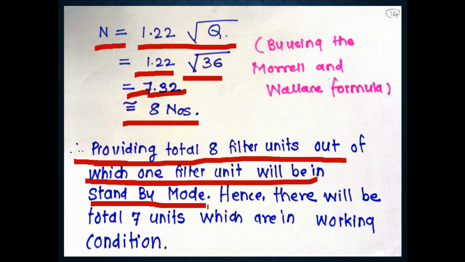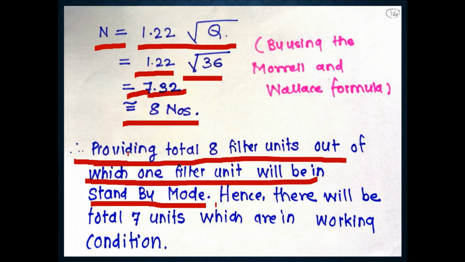All the flow you should be able to manage at your plant itself, because if repair and maintenance of one filter unit is there, that is if it is out of service, then the additional unit which you have provided as a standby is put into operation without disturbing the efficiency of the filtration. This is the importance of providing the standby filter unit. Always remember, one standby filter unit is required.